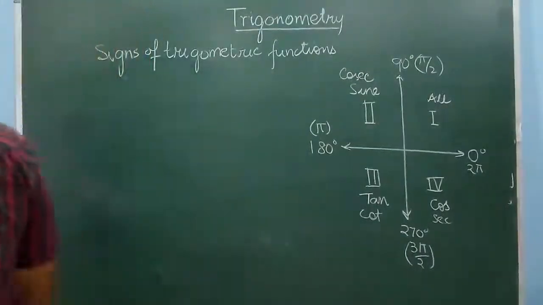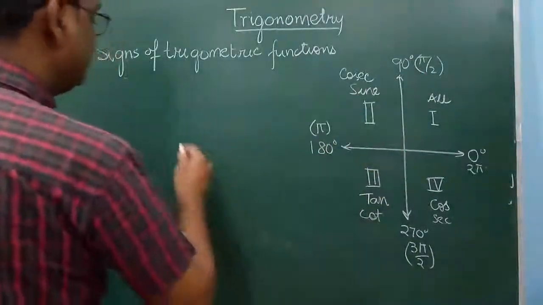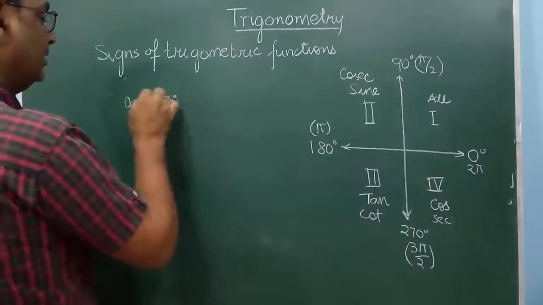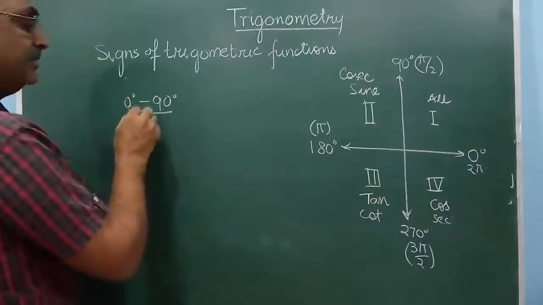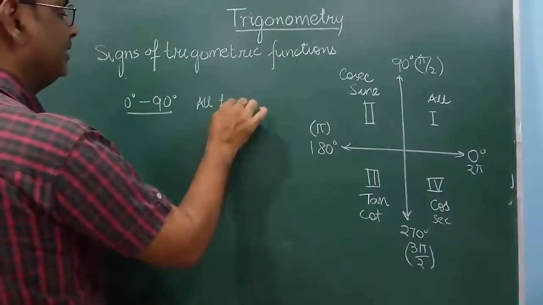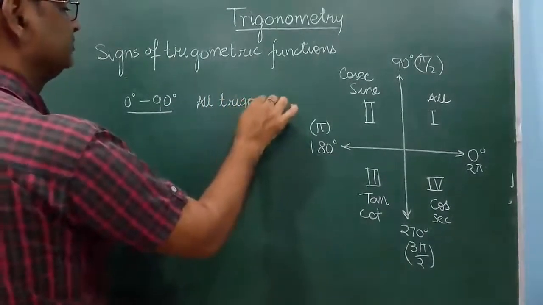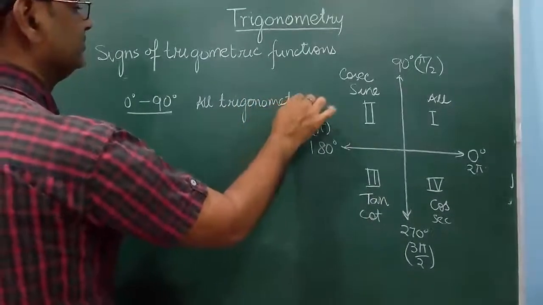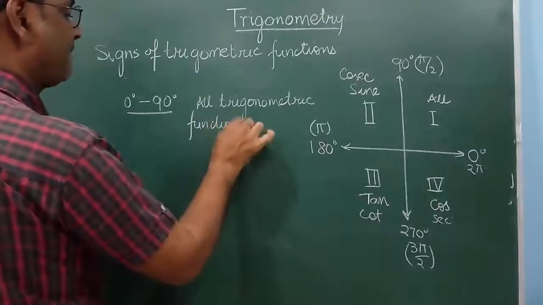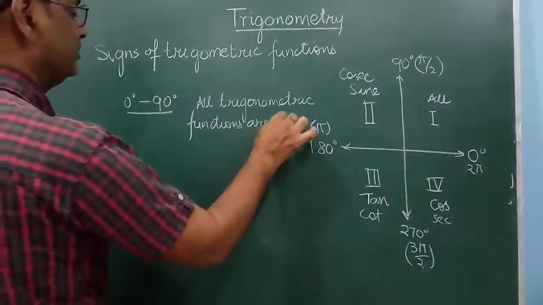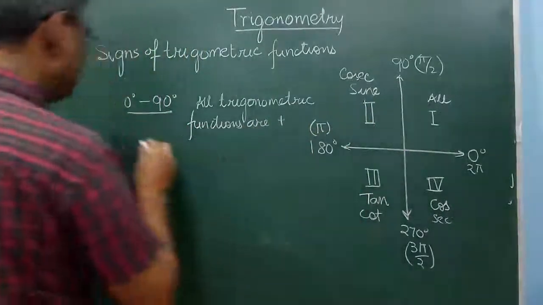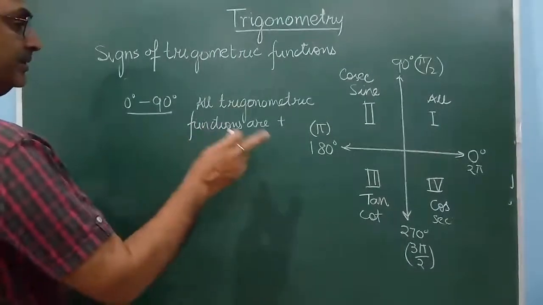Now when I say all, it means from 0 to 90 degree. If the angle is between 0 to 90 degree, all trigonometric functions are positive. We will be taking this up afterwards.